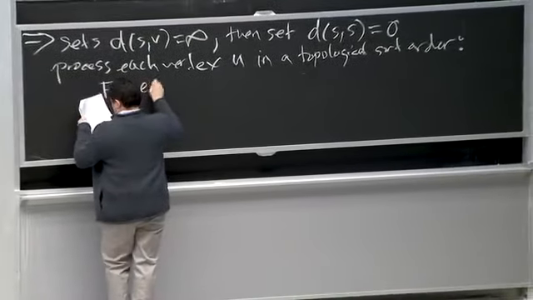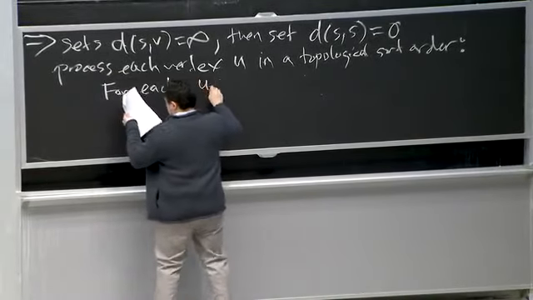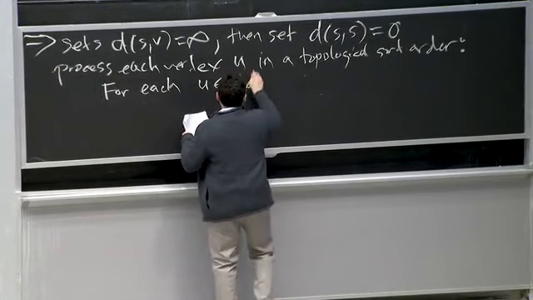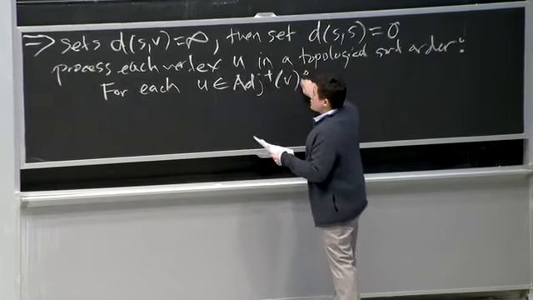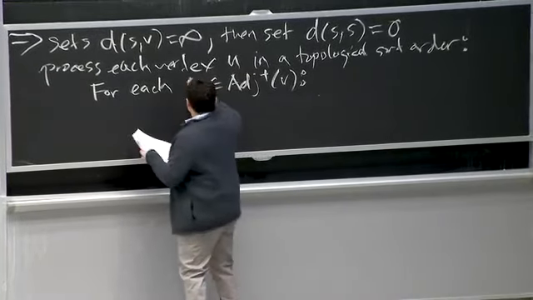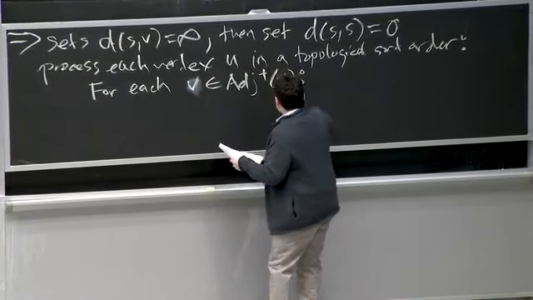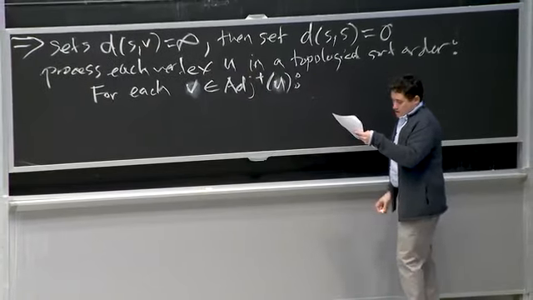For each outgoing neighbor of U. I always get U and V mixed up here. Okay?